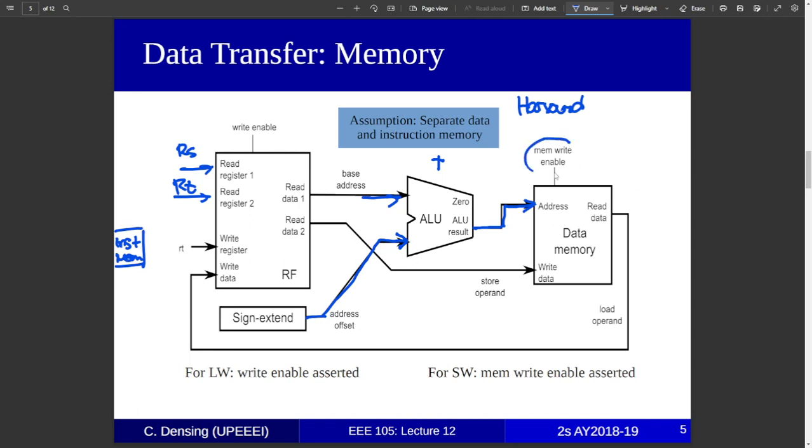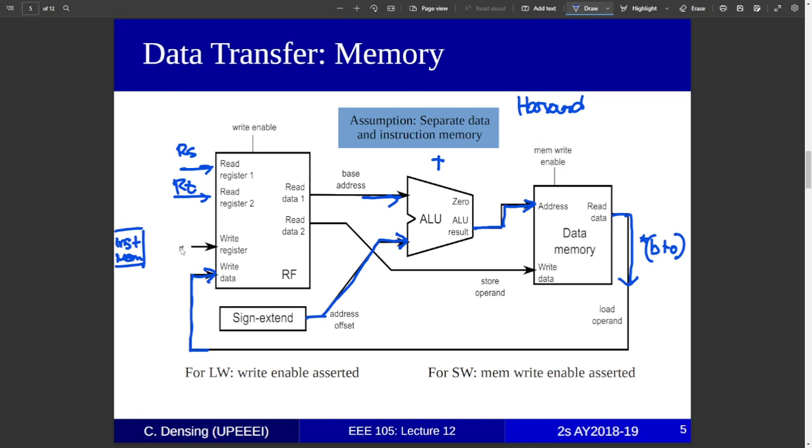But anyway, we have the write enable for the data memory, of course. So you don't want to write anything into it if it's a load instruction. And then from the address, we get the read data. So this is the value pointed to by base plus offset. And then we put that back into the write data if it's load word.